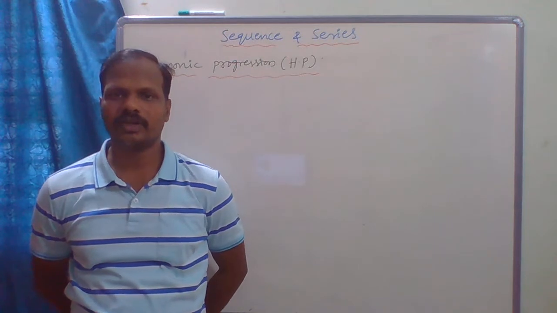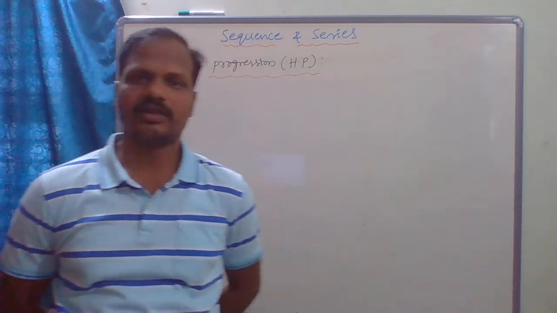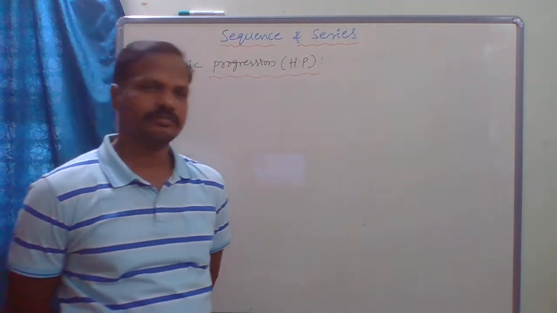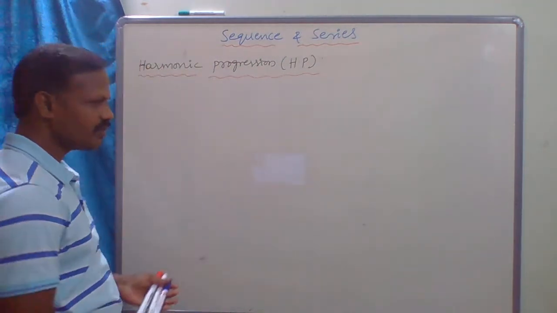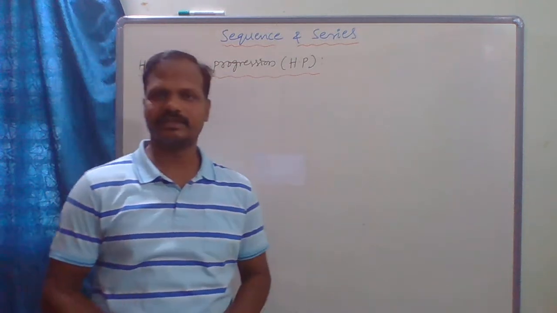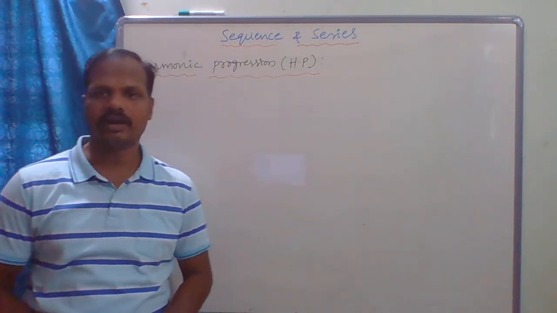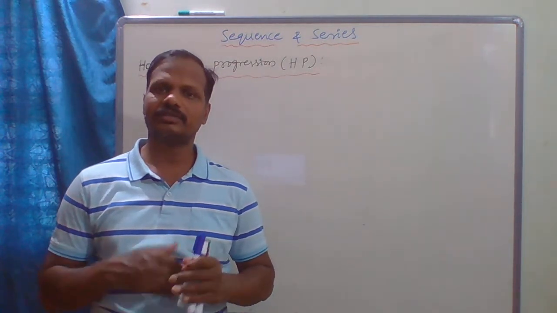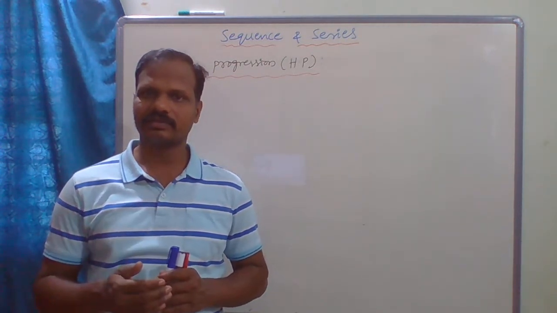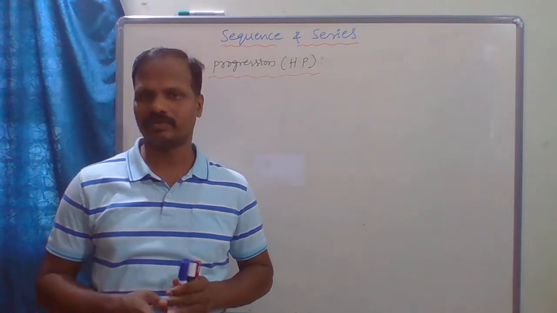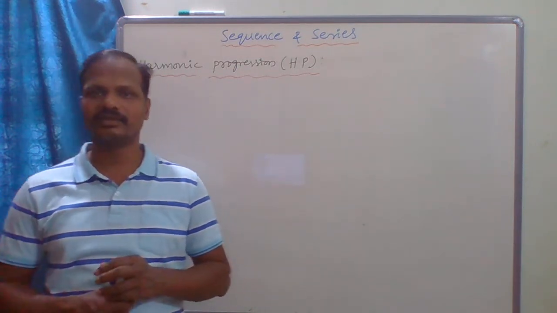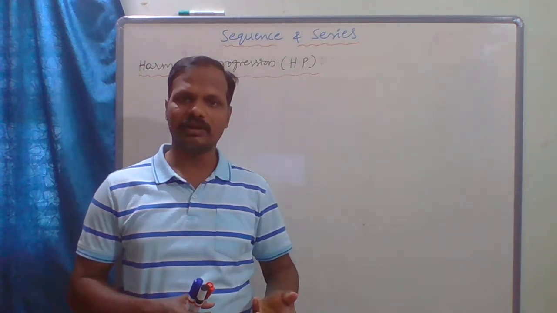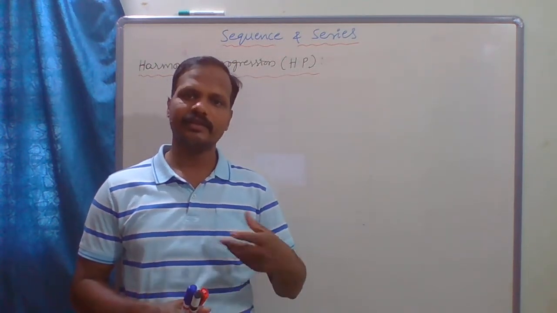Okay. So now let us discuss harmonic progression, HP. A sequence is said to be in harmonic progression if the reciprocals of the terms in the sequence are in AP.